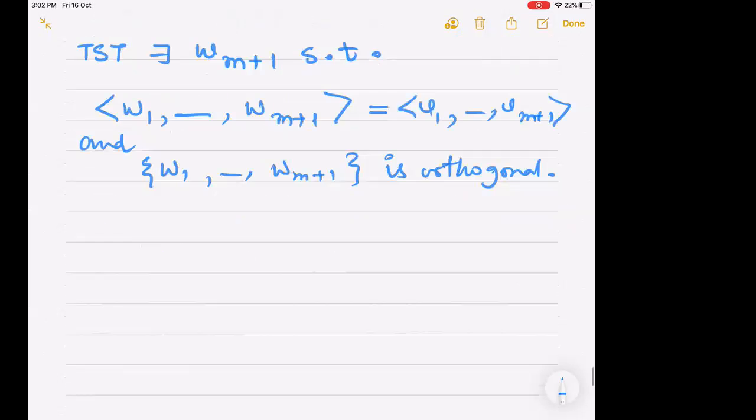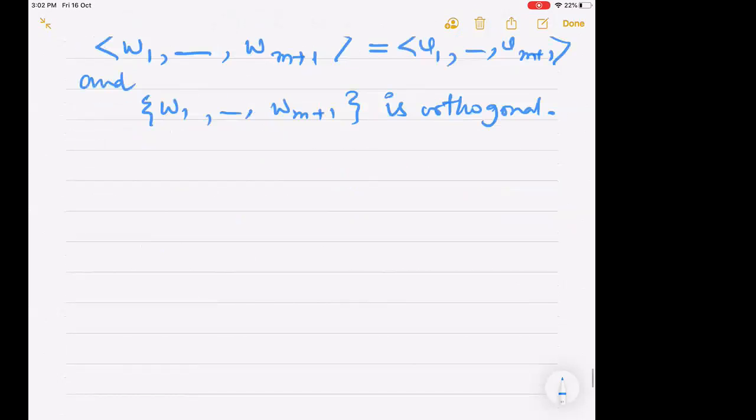The beauty of Gram-Schmidt orthogonalization is that it's constructive. It will tell you how to get this Wm plus 1 precisely. So this is the definition for Wm plus 1.